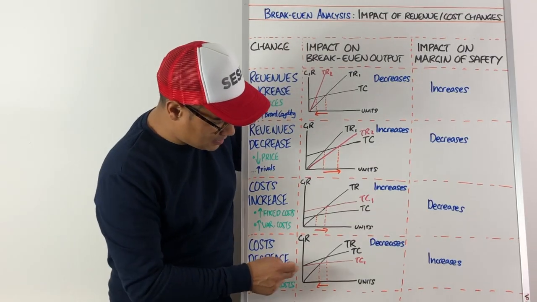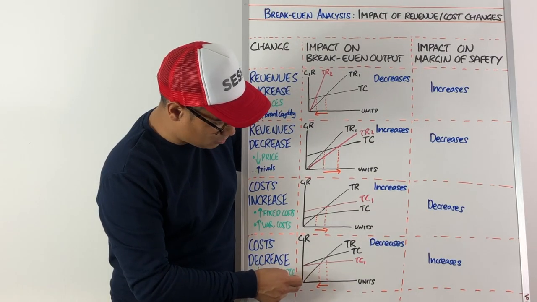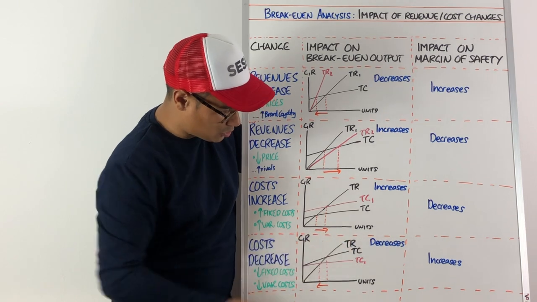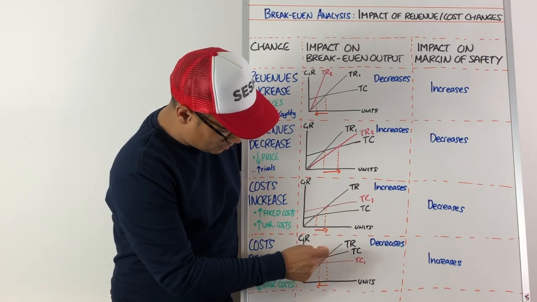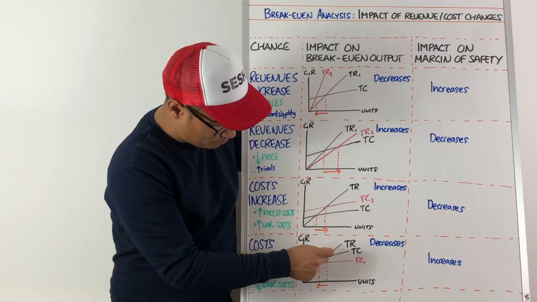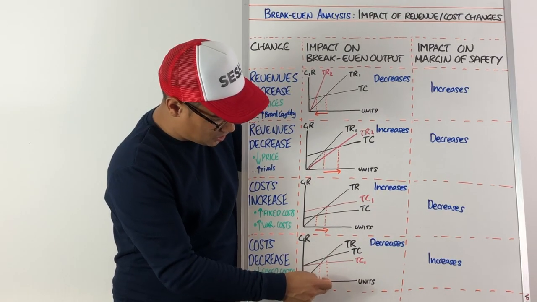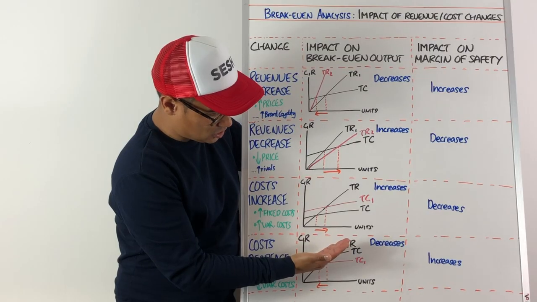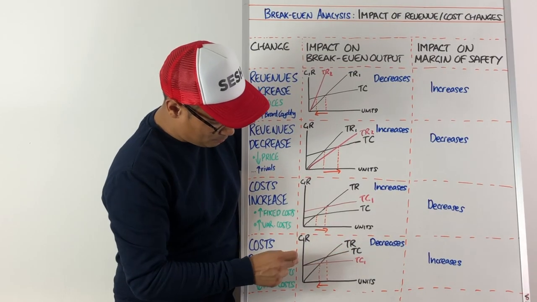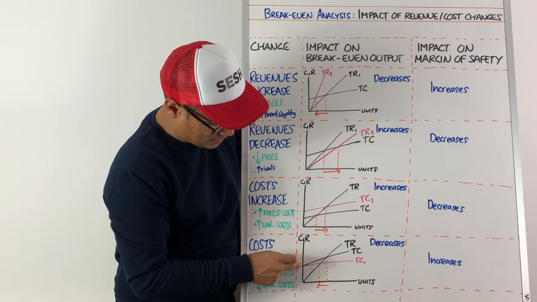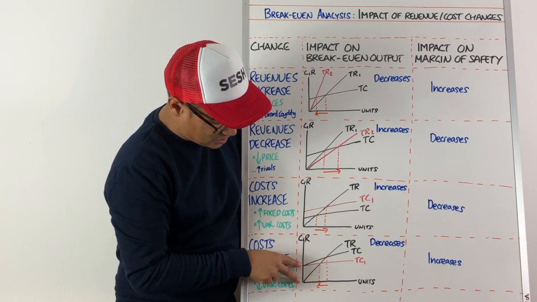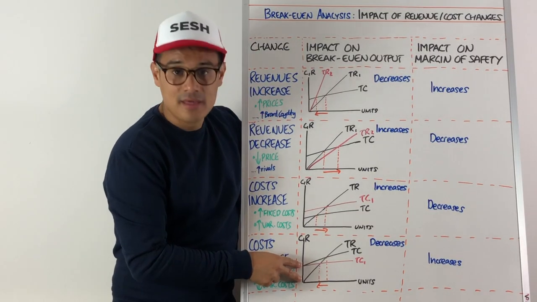And what that means is that, taking these black lines, these original lines of total revenue equals total costs, leaving the original break-even output point here. If we get a reduction in variable costs, it's going to make the total cost line slightly shallower because it's going to come off the same point on the y-axis, because this difference here, well, that is the fixed costs.